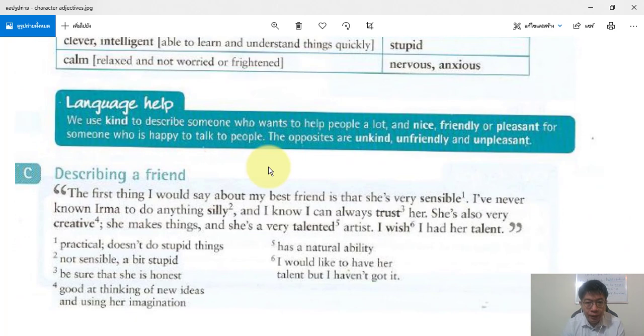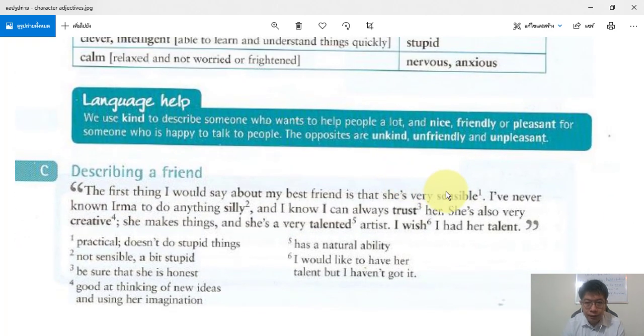And below here there are a few more, just like number 1, sensible. Practical, or you can say does not do something stupid. Number 2, silly, a bit stupid, similar to stupid. And number 3, trust.